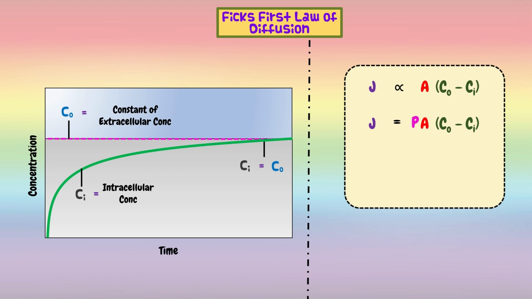The numerical value of the permeability coefficient is an experimentally determined number for a particular type of molecule at a given temperature. It reflects the ease with which the molecule is able to move through a given membrane. In other words, the greater the permeability coefficient, the faster the net flux across the membrane for any given concentration difference and membrane surface area.